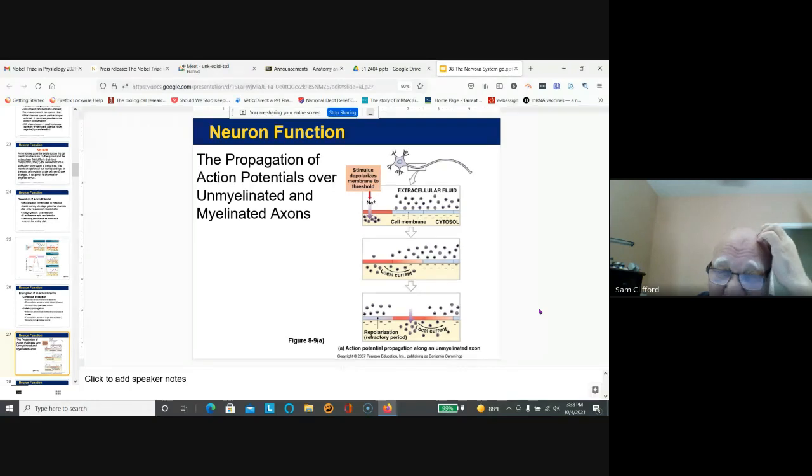So action potentials, notice when sodium comes in, the inside of the nerve in front of it is all positive.